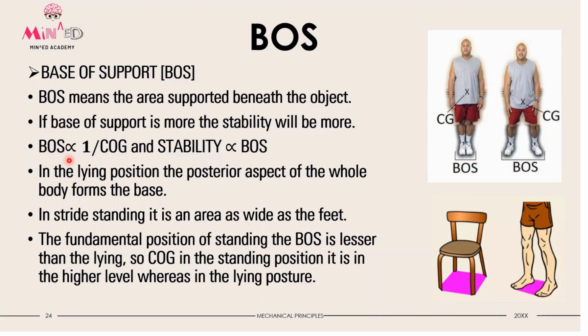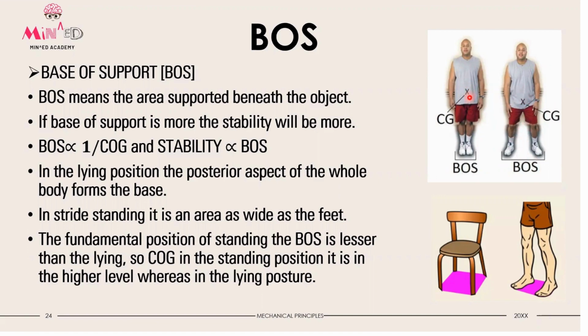So base of support is inversely proportional to center of gravity. What does it mean? It means that when base of support is small, COG is higher. When base of support is more, COG is lower. The lesser the COG height, or the closer the COG is to the ground, the more the stability.